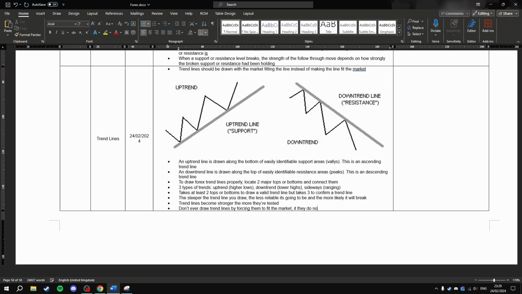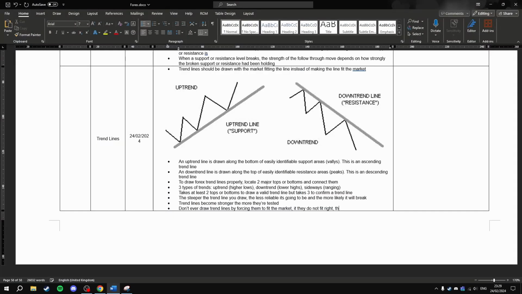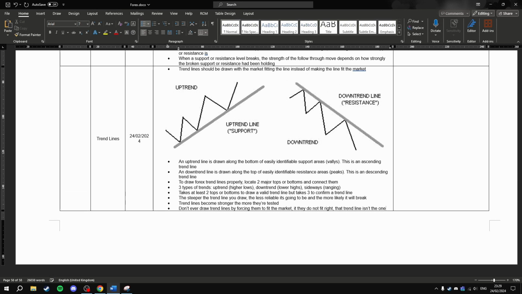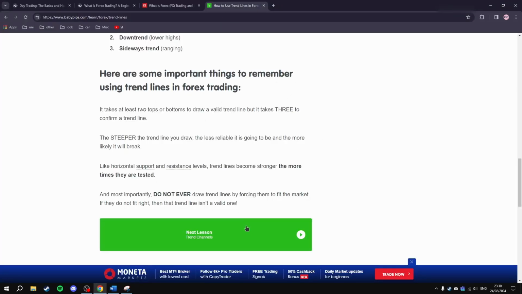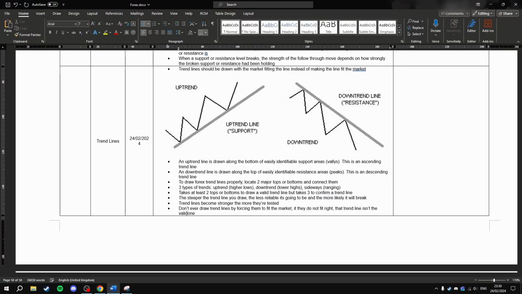If they do not fit right, that trend line isn't the valid one.